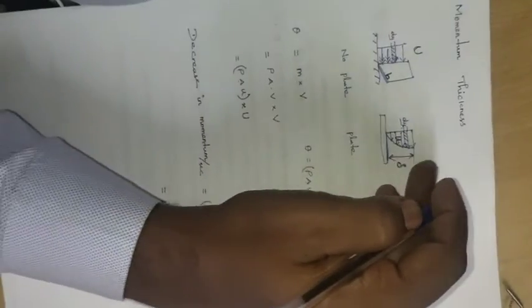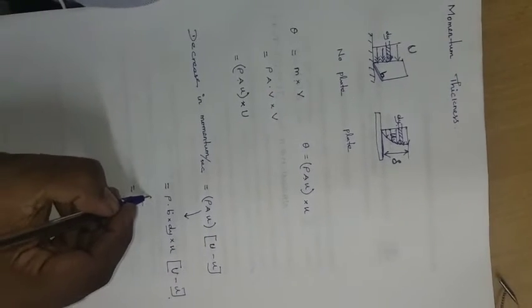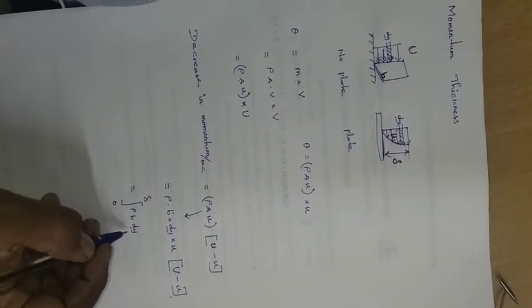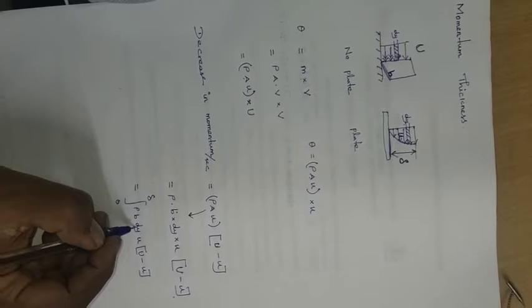So if you want to calculate the momentum decrease for the whole section, here we are going to have an integral, limit will be 0 to delta, right? And rho b dy, that is area b into dy, into small u into (capital U minus u). So you can bring your dy at last, right?